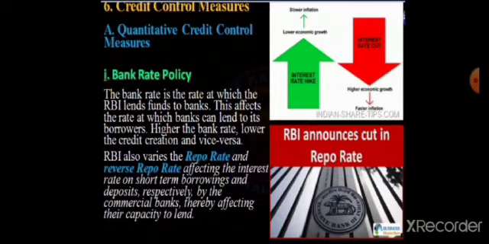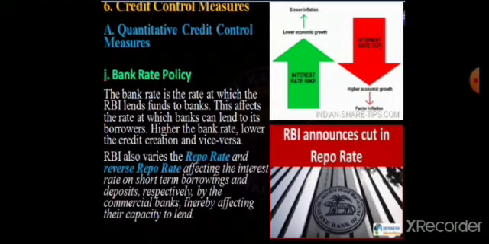It means if the rate of interest charged by RBI to the commercial banks is higher, then credit creation, which is nothing but providing of loans, will be lower. What is the reason? Because when the rate of interest on a particular loan is high, no one is going to take the loan.